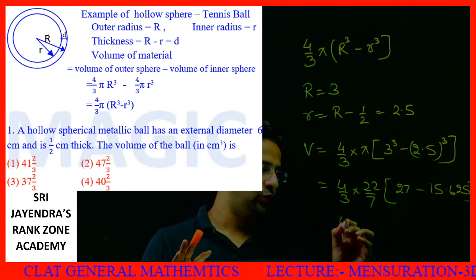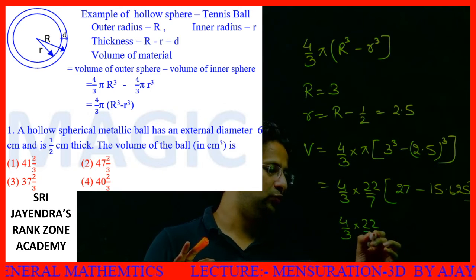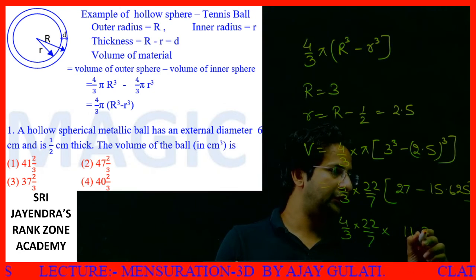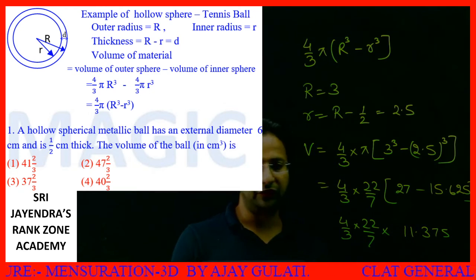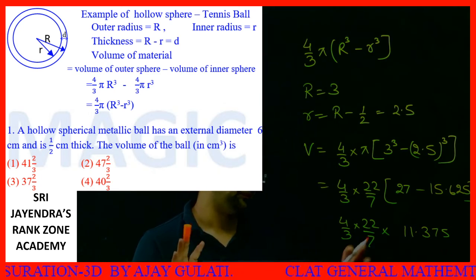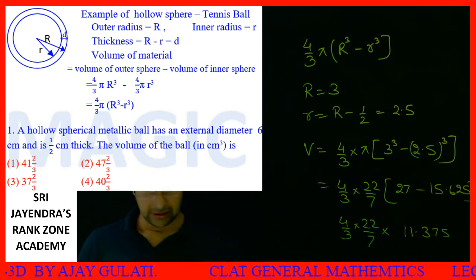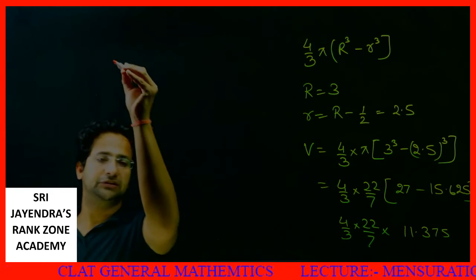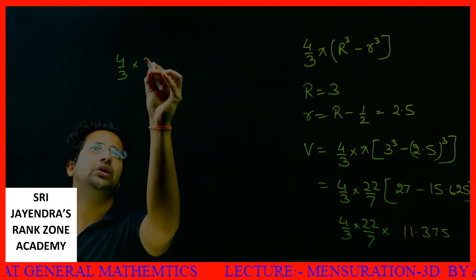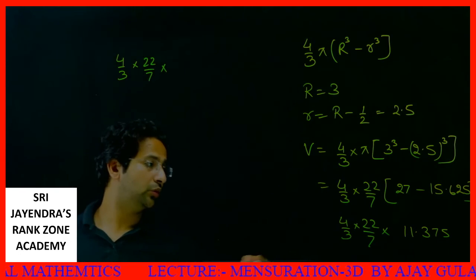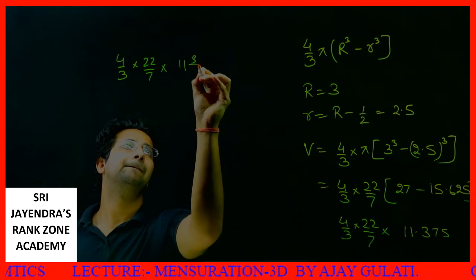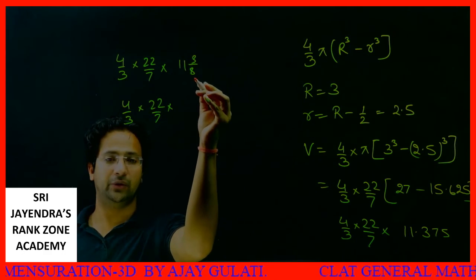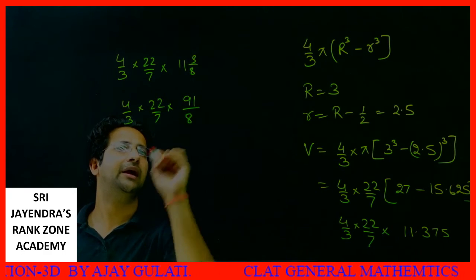Okay, 4 by 3 into 22 by 7, very pathetic calculation, but still we will do it. This will be 11.375, which you can write as 91 by 8. So this is 4 by 3 into 22 by 7 into 91 by 8.